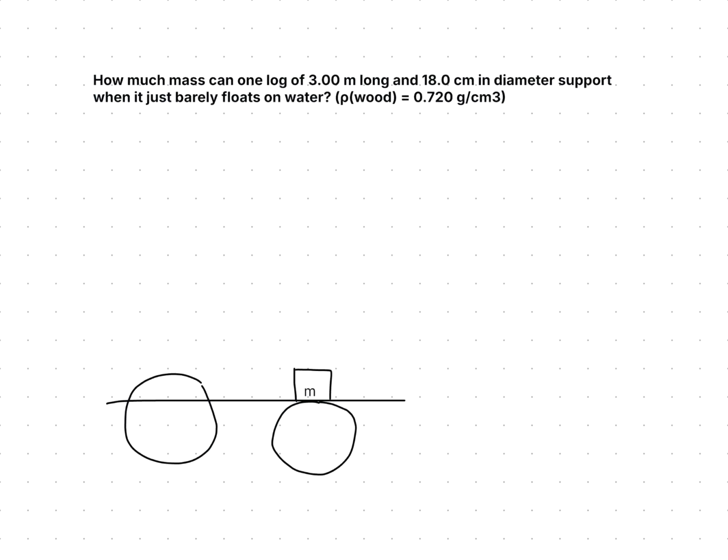Once we know the maximum load that one log can carry, finding the number of logs needed to float a 2,500 kilogram car is straightforward. Before calculating anything, do you think one log can hold 20 kilograms, 200 kilograms, or 2,000 kilograms? Let's draw the free body diagram.